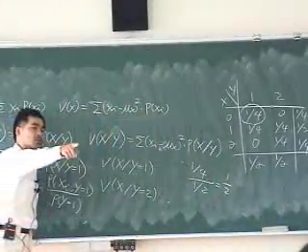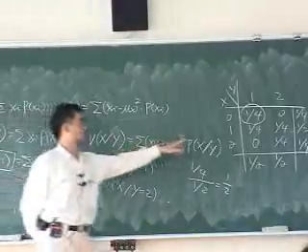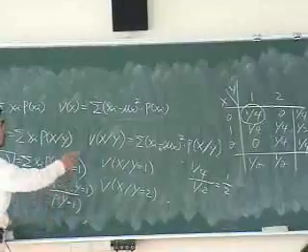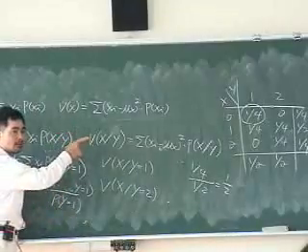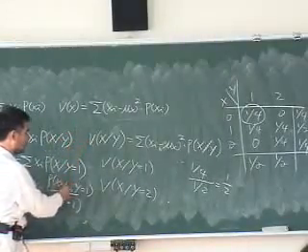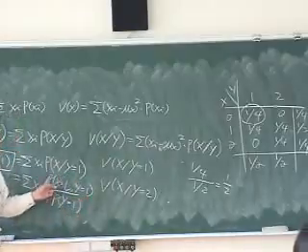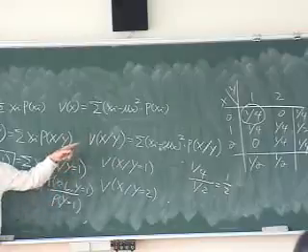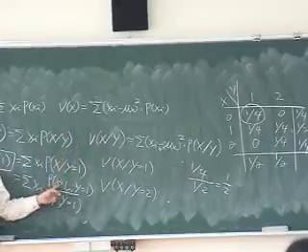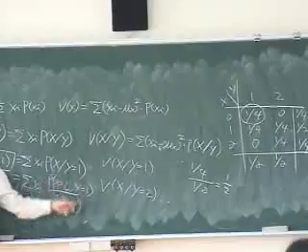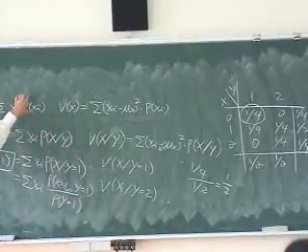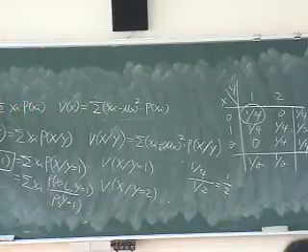The next one: when x is equal to 1, what should be the probability here? 1/2, right? What about the third one? When x equals 2 and y equals 1, what should this be? 0, right?